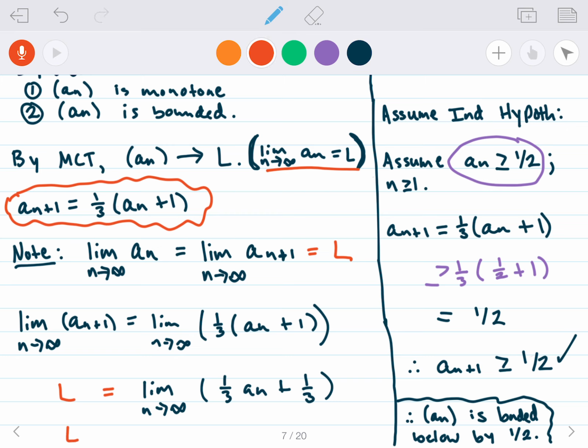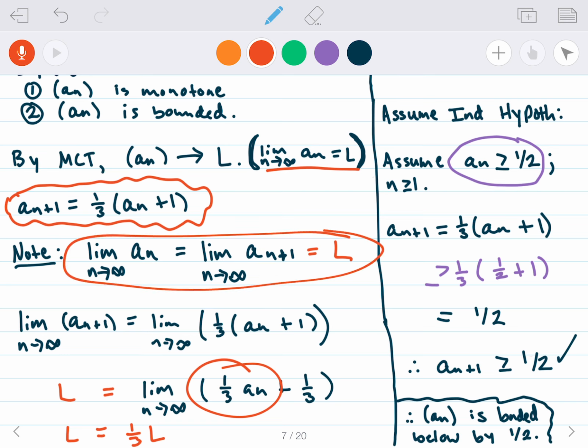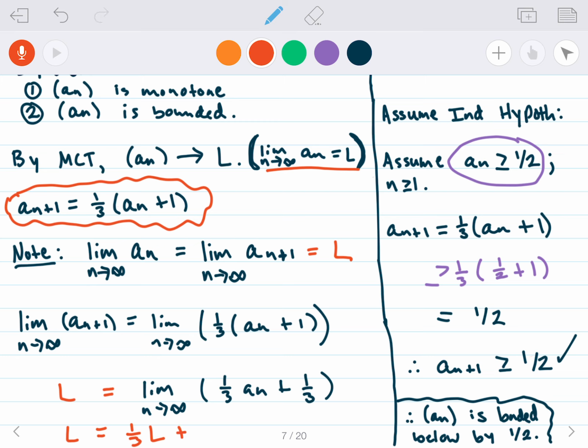And so what we end up getting is L equals a third L plus a third, just using the fact that the limit as n goes to infinity of a sub n is equal to L. And so when we solve for L here, we get our limit is equal to 1/2. So indeed, by monotone convergence theorem, we know that the sequence converges to a limit, and we have deduced, by the way that our sequence is defined recursively, that that limit has to be 1/2.